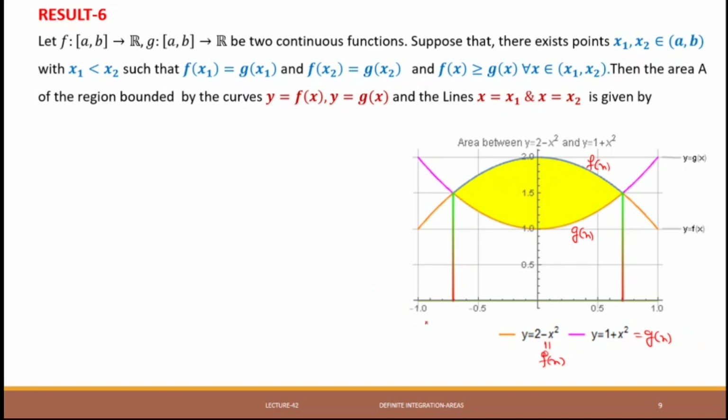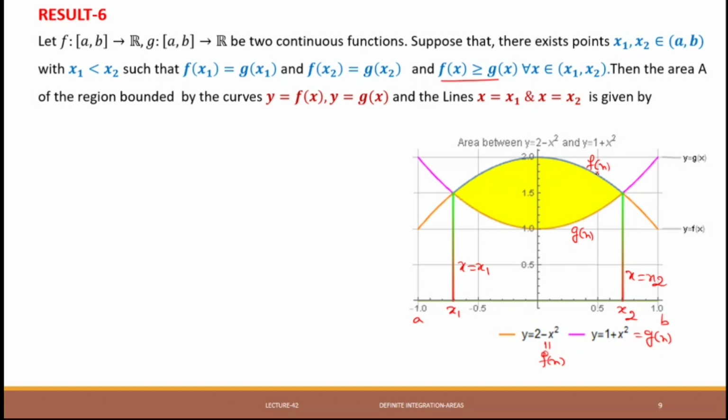Of course this is my a and this is my b, and this is my x1 and this is my x2. So this is the line x is equal to x1 and this is the line x is equal to x2.